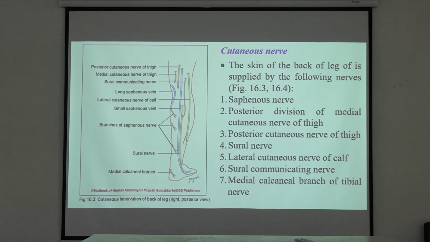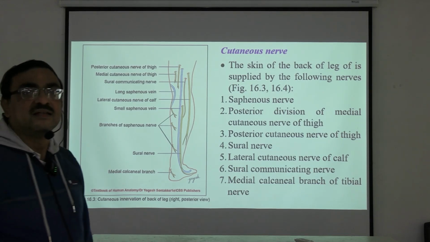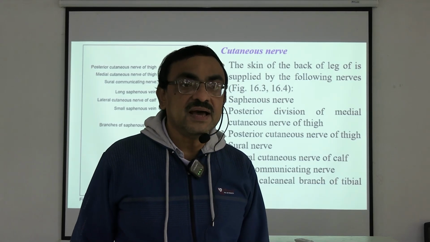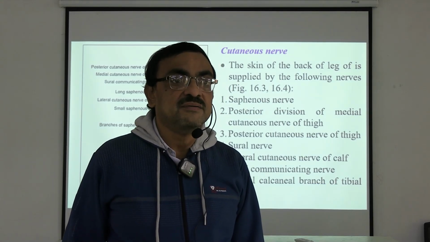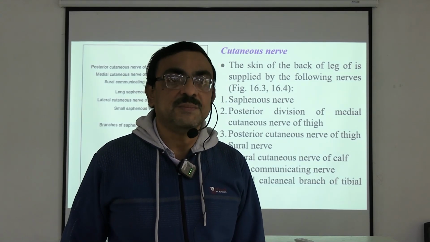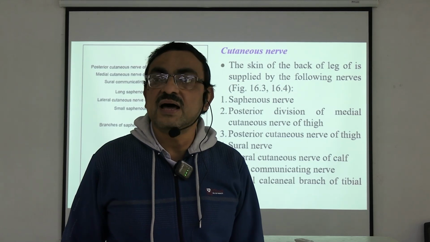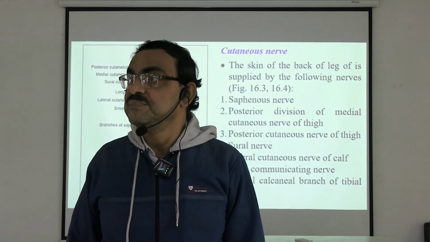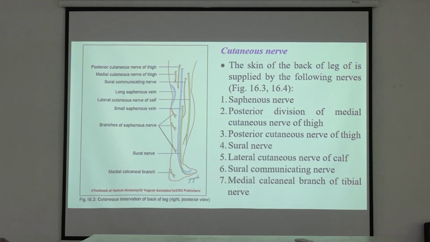There is an anomaly in this body. Generally, the sural nerve is coming from the tibial nerve, but here the sural communicating nerve, which is coming from the common peroneal nerve, replaces the sural nerve. There are other nerves we can find.